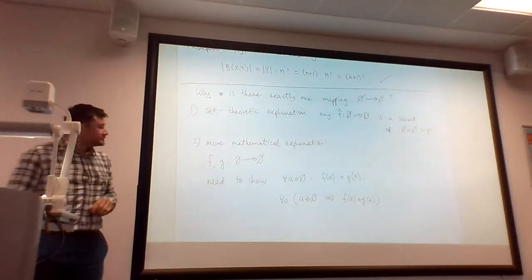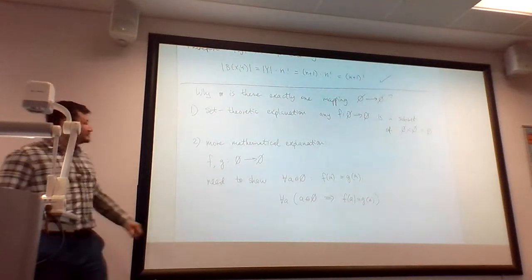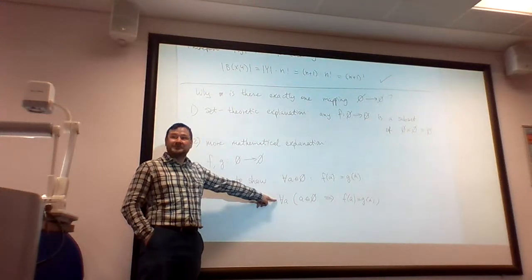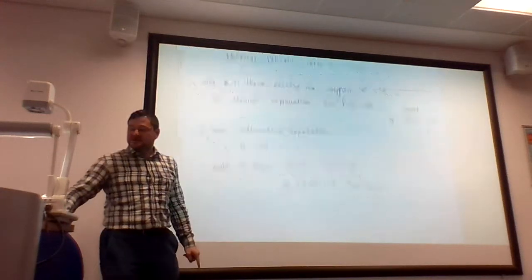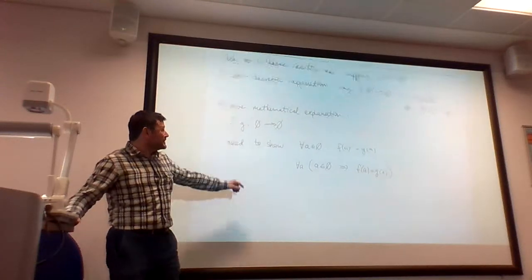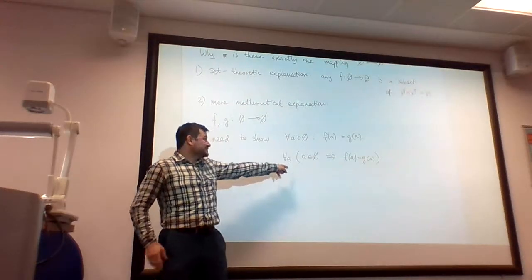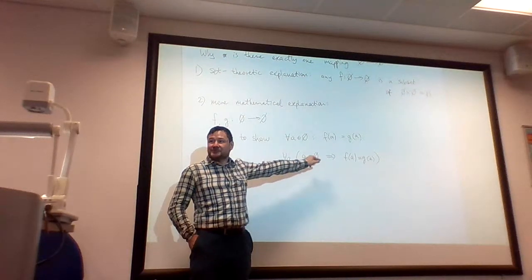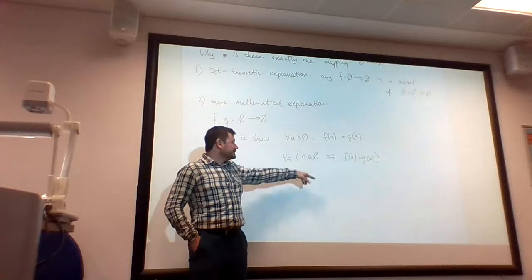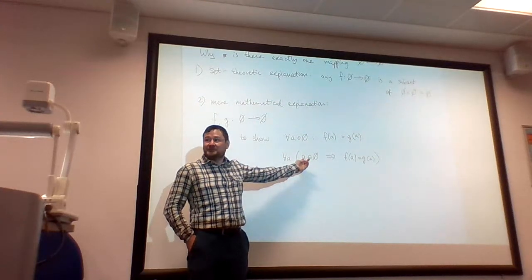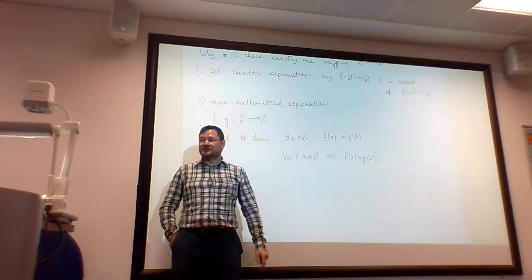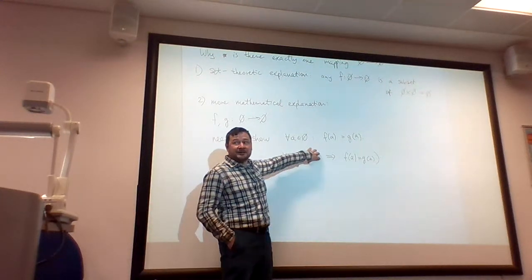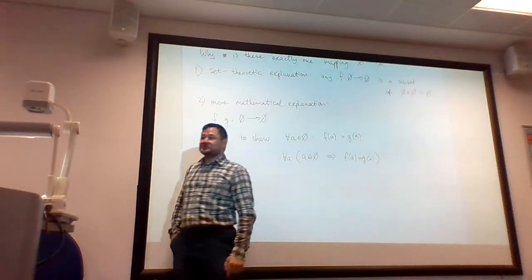And if you don't know that this is always true, then at least you probably know that an implication with a false premise is always true. And the premise is always false because whatever a you take, it can't be an element of the empty set. So this is always false for any a, therefore the implication is true.